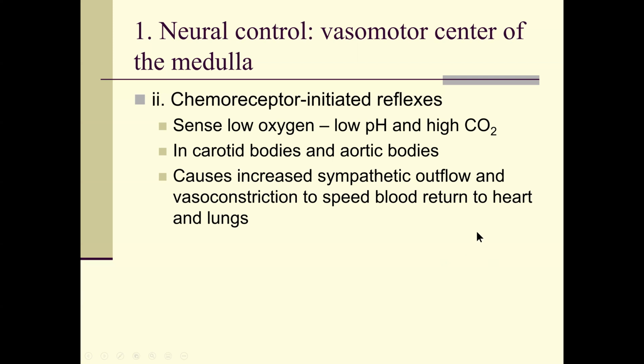So this is a chemoreceptor. We had baroreceptors that measured pressure, blood pressure in the carotid and in the aorta. We have chemoreceptors that sense oxygen concentration by measuring low pH and high CO2. They're in the carotid and the aorta, okay.